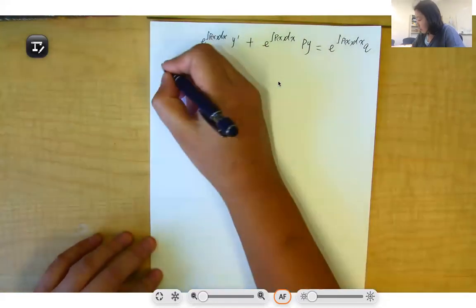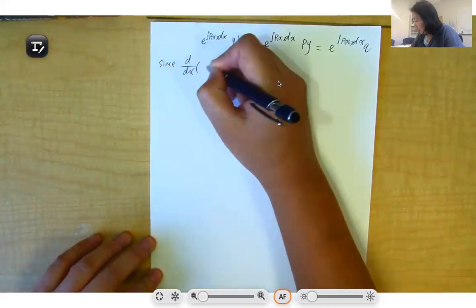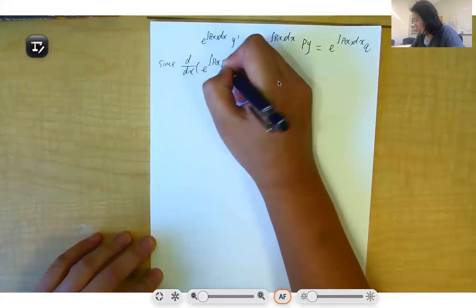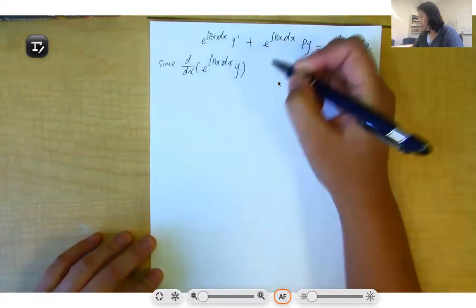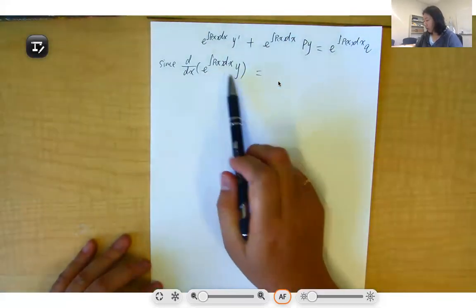And since d over dx of (e to the integral of p dx times y), when you do the differentiation, that is differentiating each term, right?